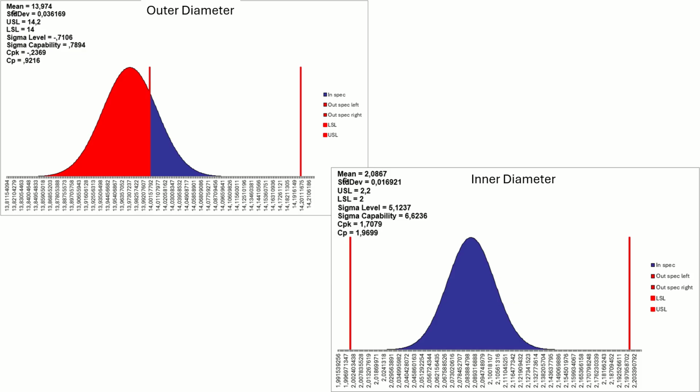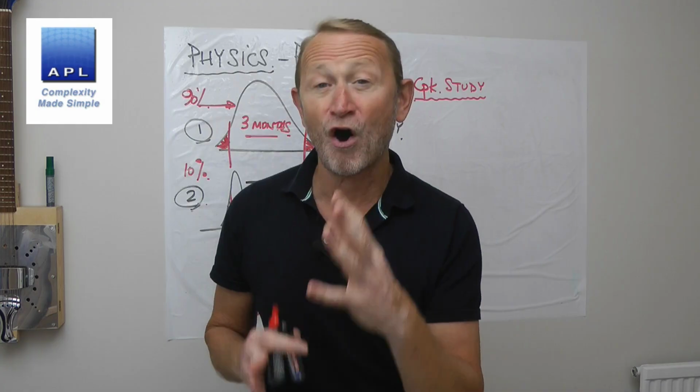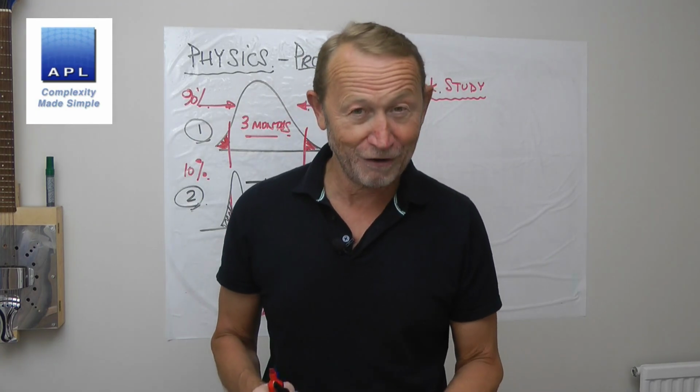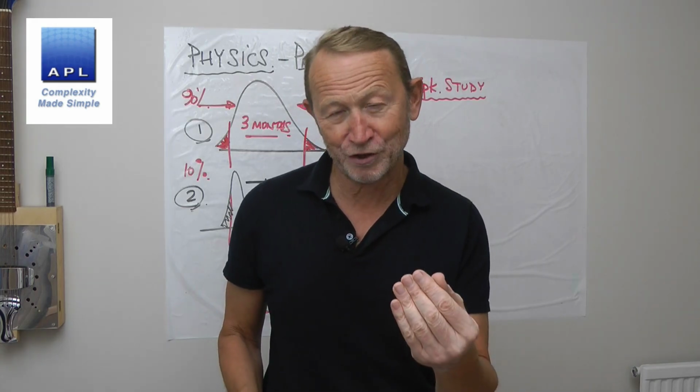We're still going to have too much variability. When we look at the inner diameter, it is slightly off target, just a little bit low, but because it's got less variability, that poor aim is not causing them any problems. And of course the issue is, can we move the outer diameter onto target without bumping the inner diameter off target? That's question number one.